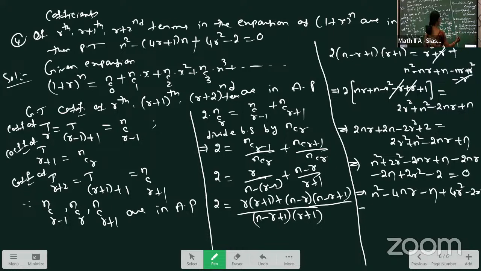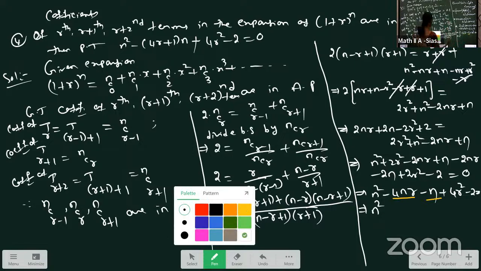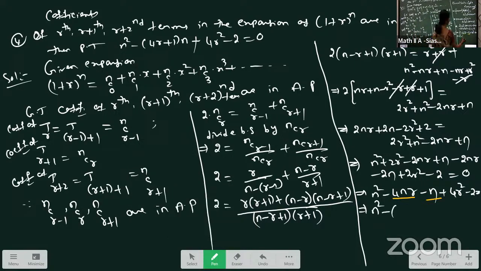One last step. We have to prove n² - (4r+1)n + 4r² - 2 = 0. We got it as n². Next, what we want is (4r+1) into n. So identify the n terms. Where are the n terms? Here one n is here, one n is here. So take -n common: -(4r+1)n. The leftover terms put in the bracket: 4r² - 2 equals 0.